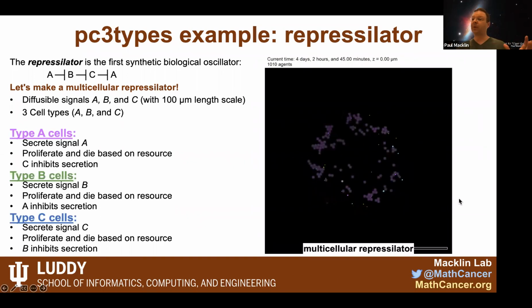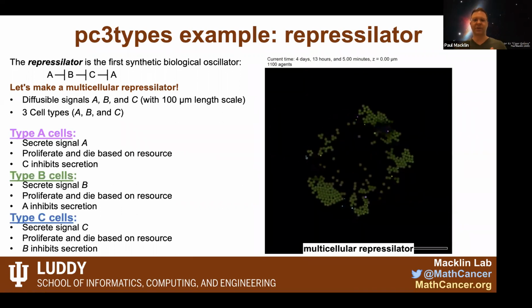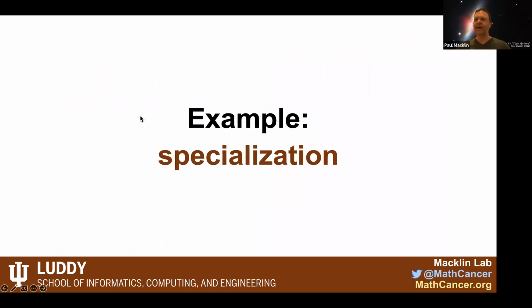So really simple rules on the individual cells, but you put it together and you get a multicellular circuit, which is like the simplest network you'll see this week. You can put these into multicellular systems, and it can be fun to see these oscillations emerge.